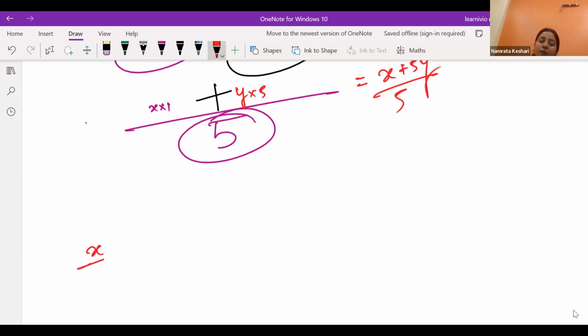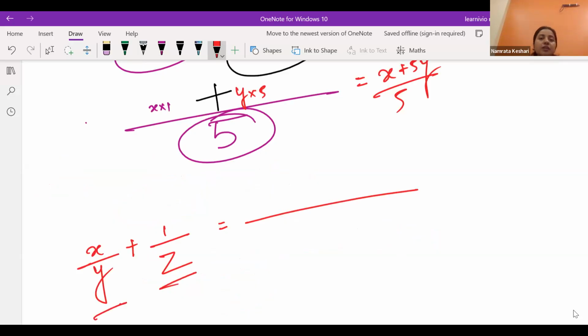If we are having x by y plus 1 by z, now let's add them. So what we will get? LCM of y and z. Okay, LCM of these two terms are completely different. If we compare it with numbers, maybe 1 by 3 plus 1 by 5.